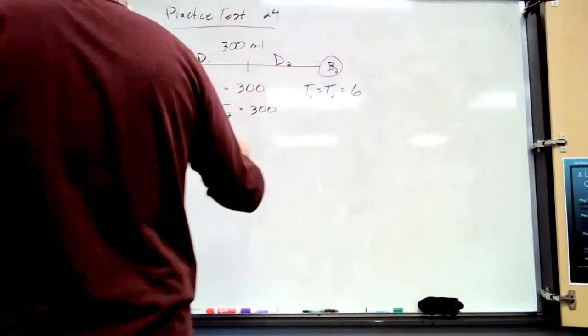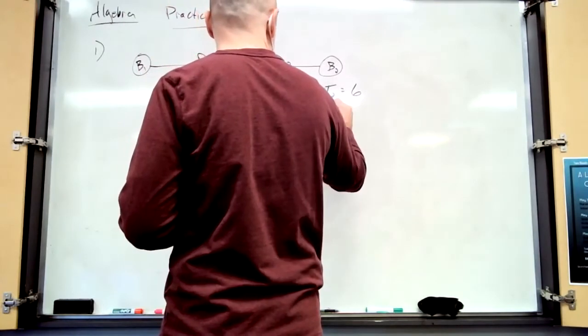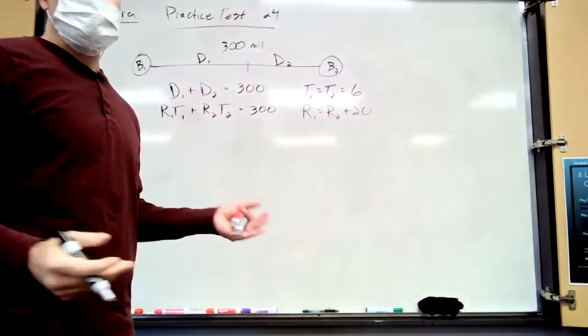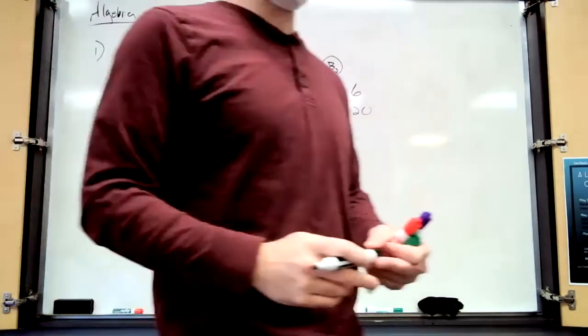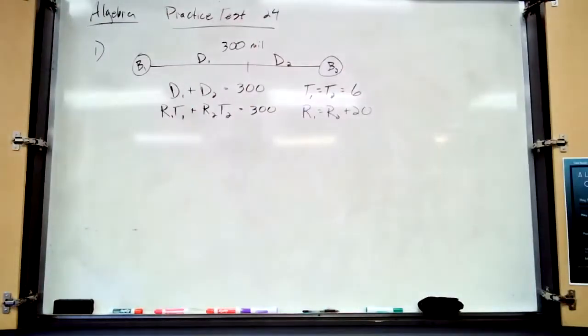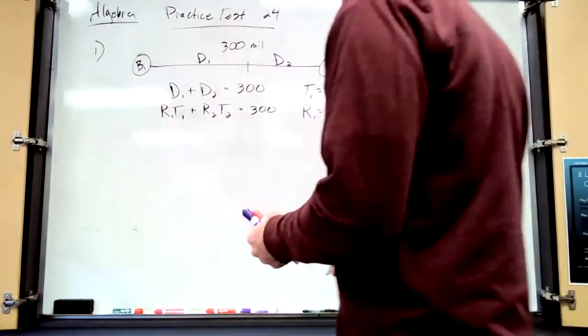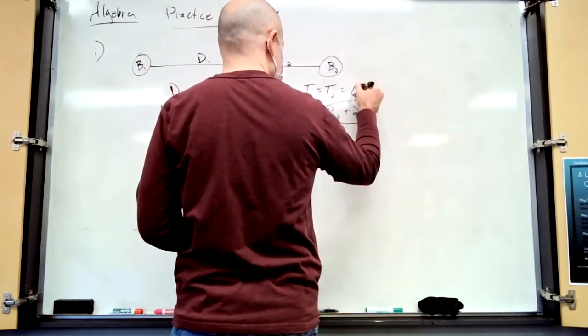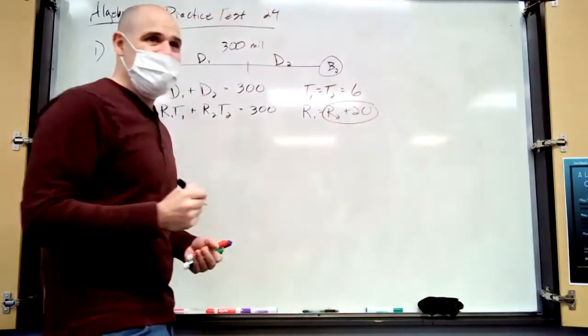So now we have 2 out of the 4. One is 20 miles per hour faster than the other. Okay, so let's see. R1 is R2 plus 20. Does that make sense? It doesn't matter which one's R1 or R2. We'll get the same thing either way. Okay, so now we've got something to plug in for R1, and for both T1 and T2.